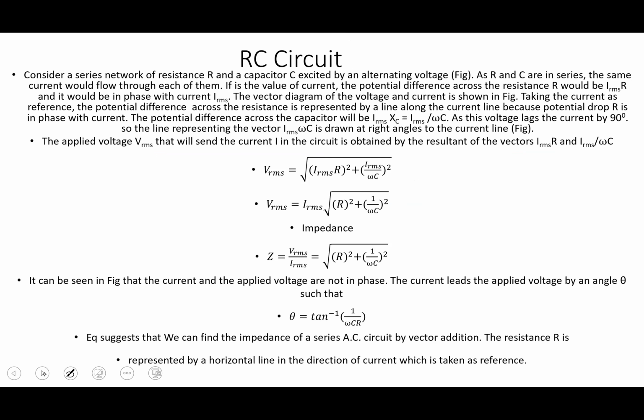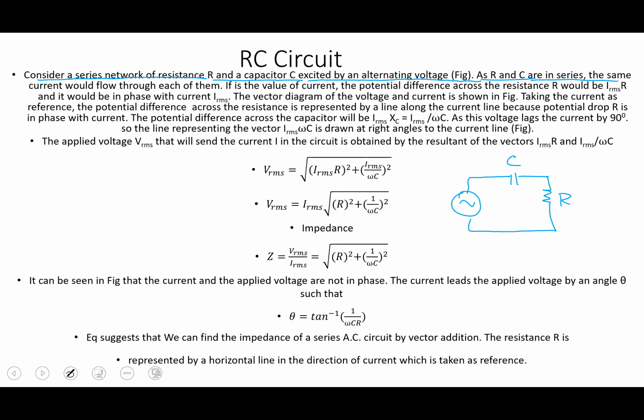RC circuit. Now consider a series network of resistance R and capacitor C excited by an alternating voltage, as shown in the figure. That means both the capacitor as well as the resistance are in the circuit, this is C and this is R, in the alternating source circuit.